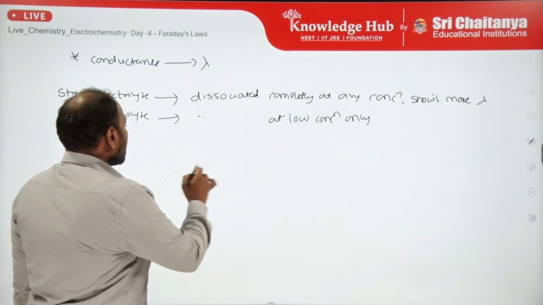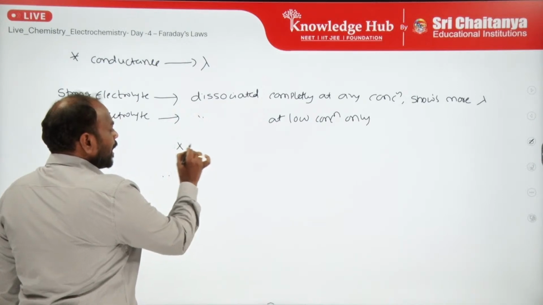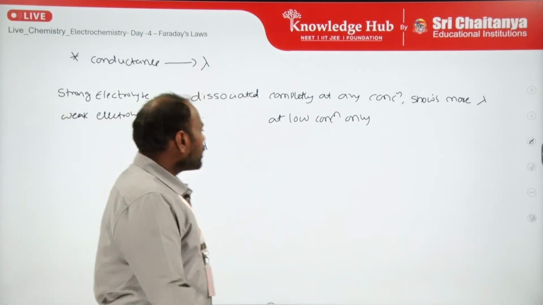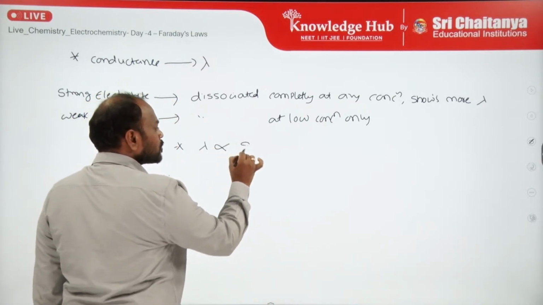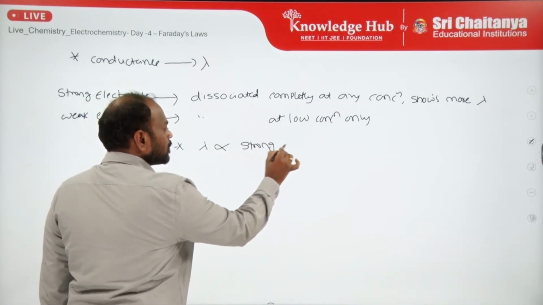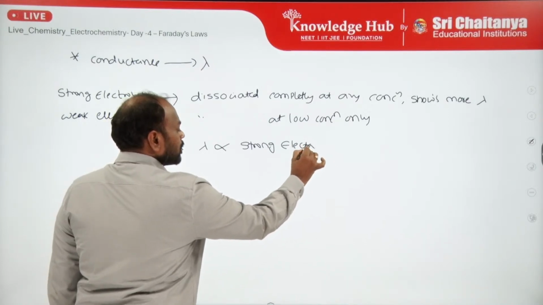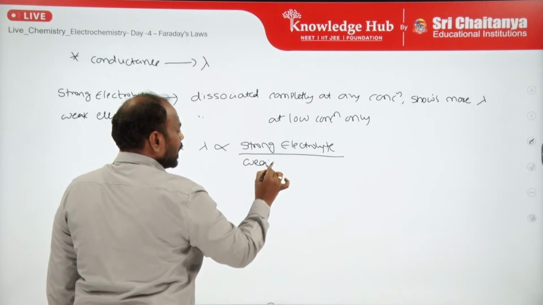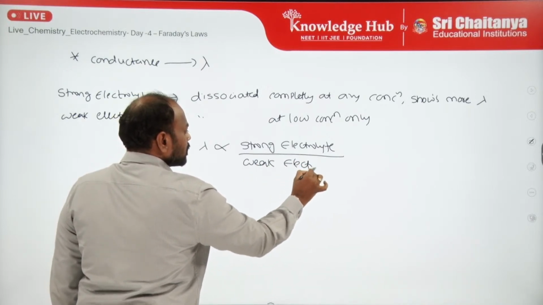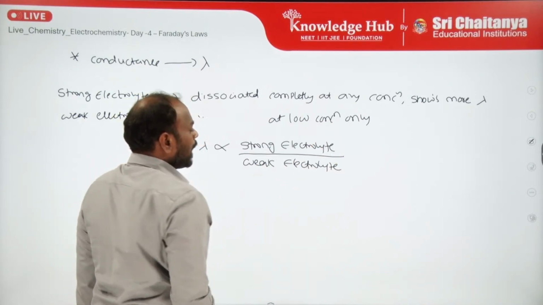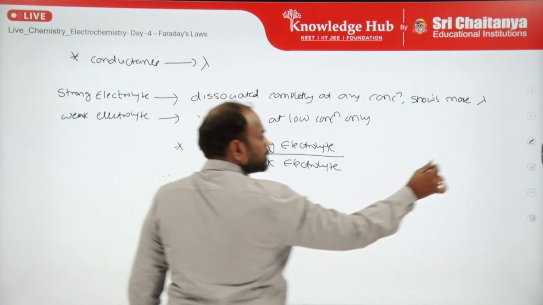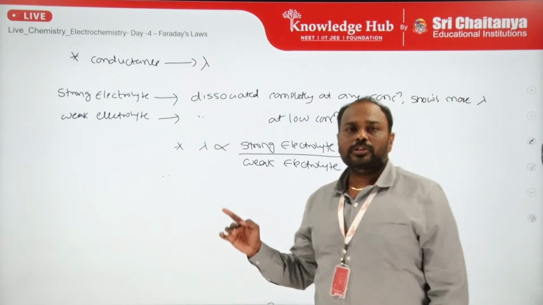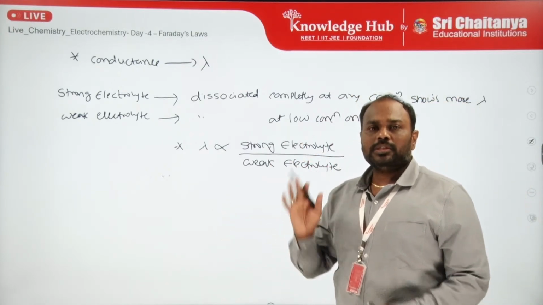Now, lambda value is dependent on which factors? Lambda value is directly proportional to strong electrolytes, inversely proportional for weak electrolytes. Strong electrolytes show more conductivity at any concentration, but weak electrolytes show more conductivity at low concentrations.